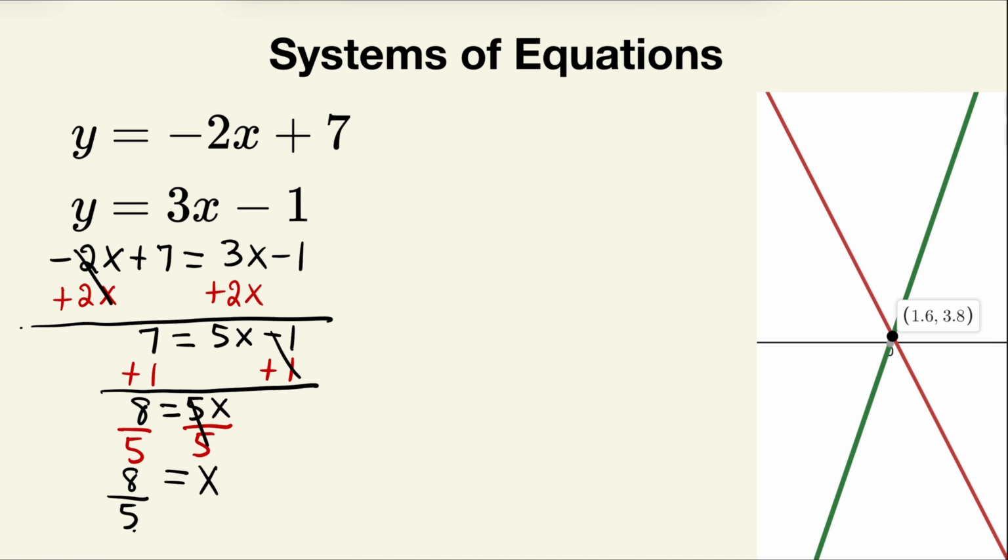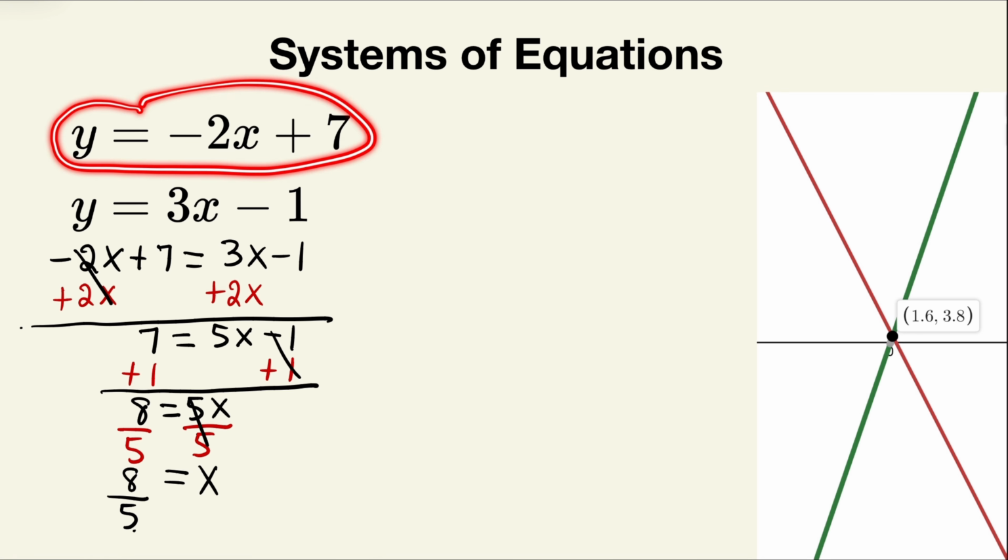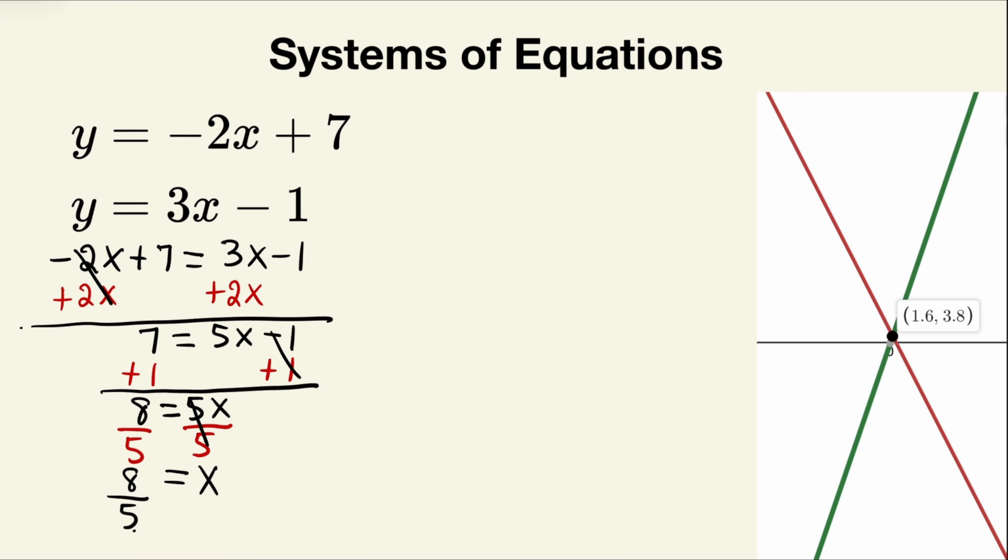So since we solved for x, we can go back to the original equations. You can choose one or the other, either this top one or the bottom one. I'm going to use the bottom one, and I'm going to place 8/5 where we have this x. Let's go ahead and do that.